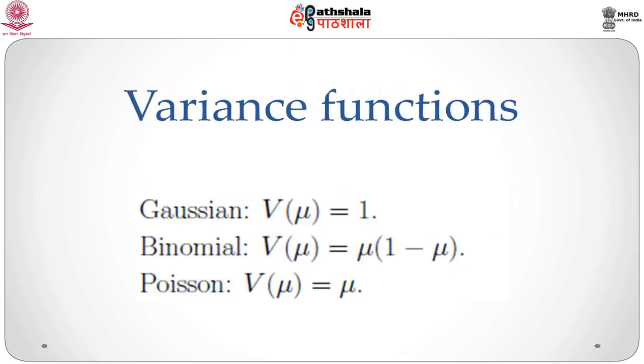The variance functions are specified by, for the Gaussian family, v of mu is equal to 1. For the binomial family, v of mu is equal to mu into 1 minus mu. And for the Poisson family, v of mu is equal to mu.